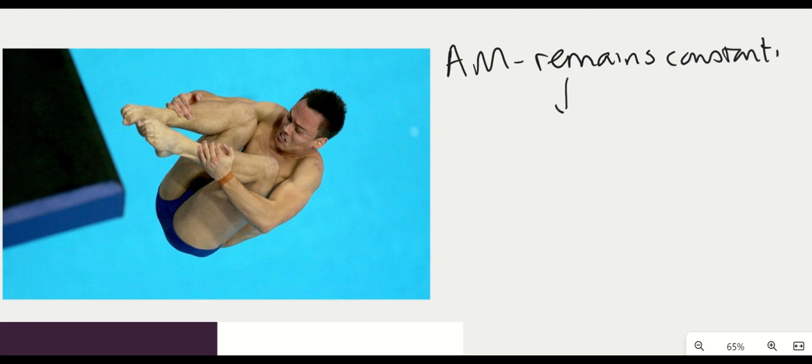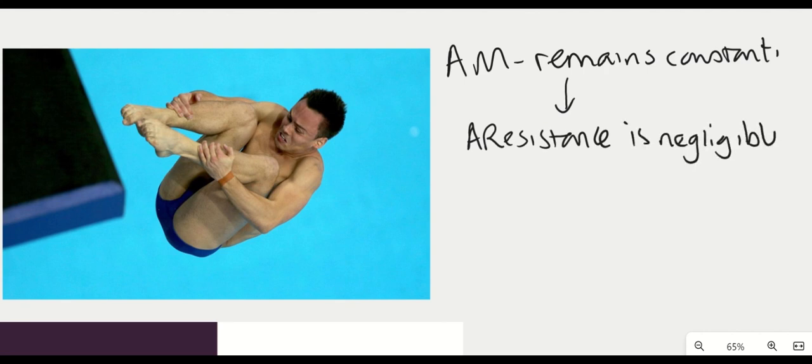This is because we say that due to the mass of the body, the air resistance is negligible. Because it's a large mass, or a large weight force, the air resistance is considered to be negligible. We say that angular momentum has been conserved.